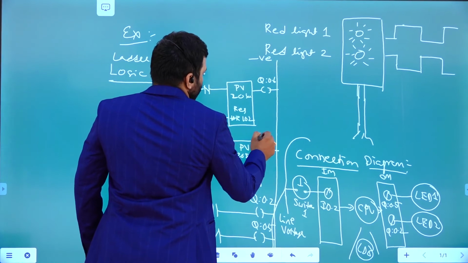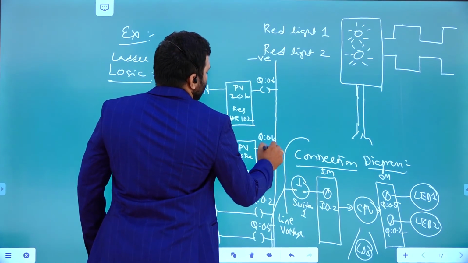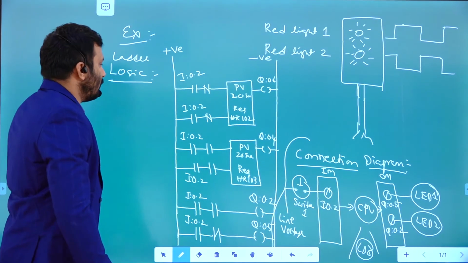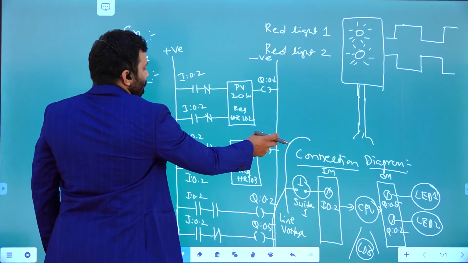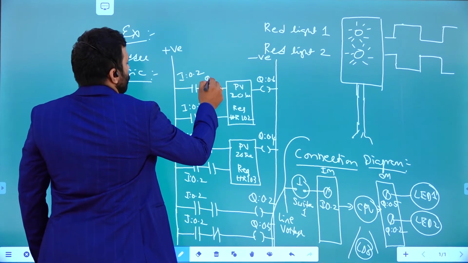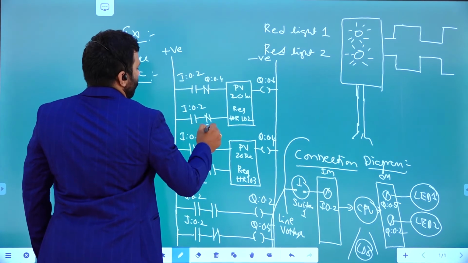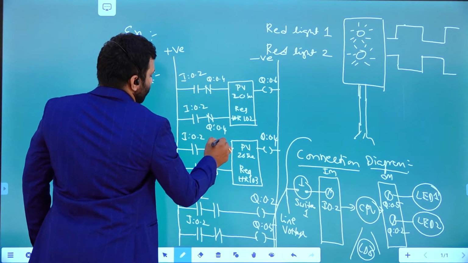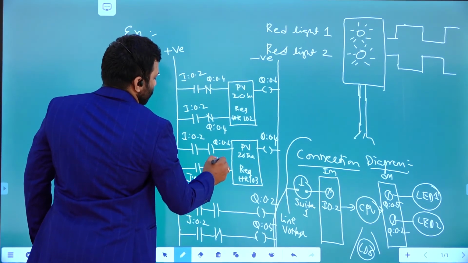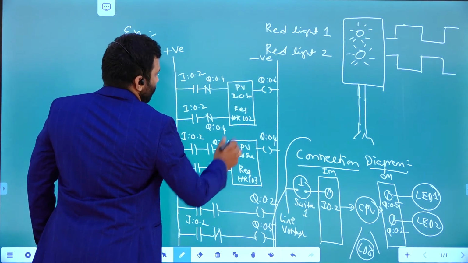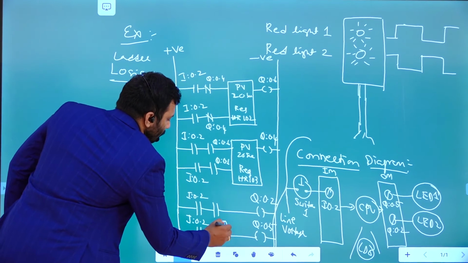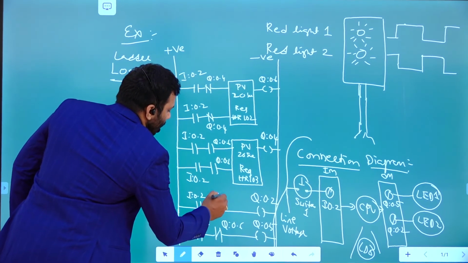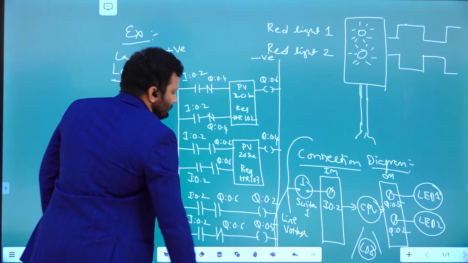It is stored in Q 0.4. This Q 0.4 you need to give as feedback here, and the same with Q 0.6 and Q 0.6.